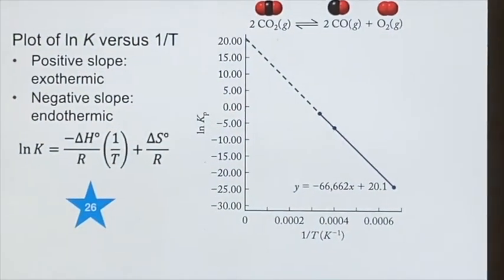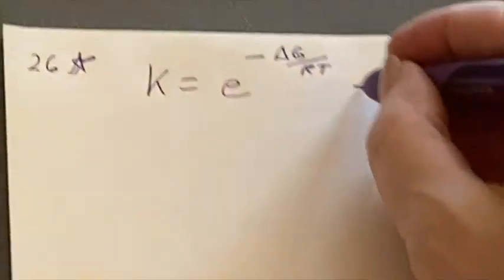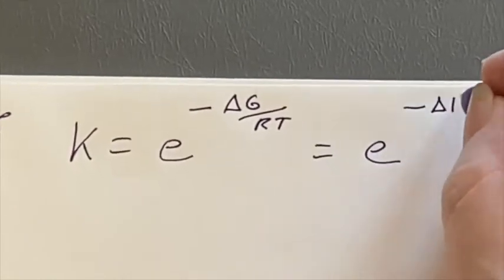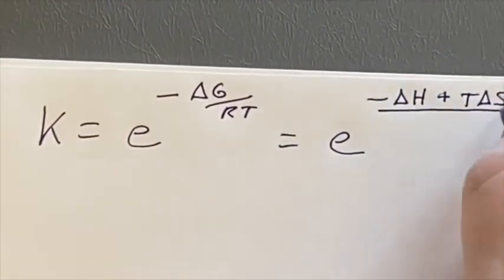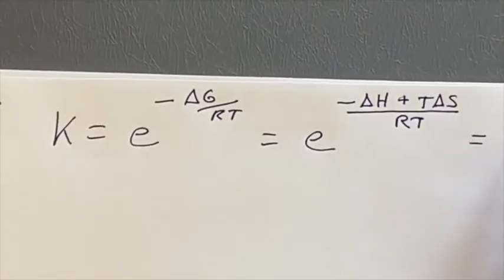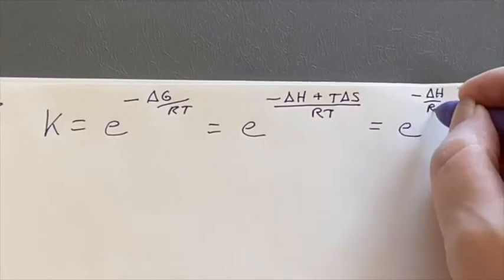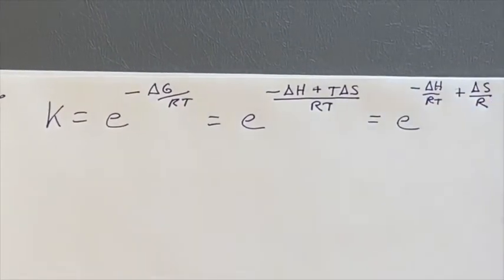I know that K equals e to the negative delta G over RT, which means that it is also equal to e to the minus (delta H minus T delta S) over RT, which means I can break it up into e to the minus delta H over RT plus delta S over R, because the T's cancel, right?